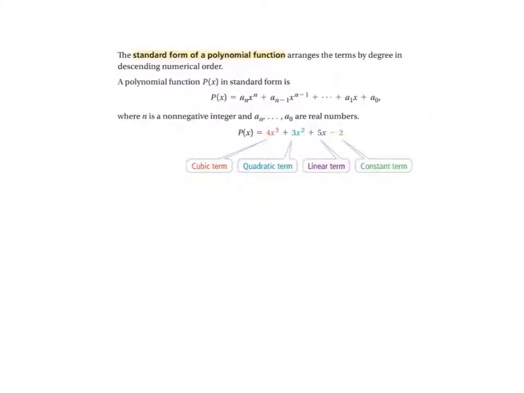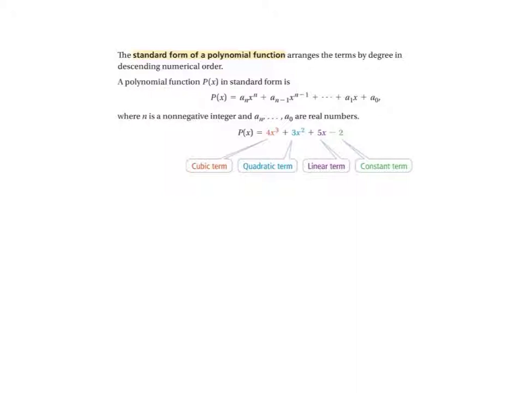When you want to put a polynomial in what's called standard form, you put the terms in order of descending numerical degree. So you would put your highest degree term down to your lowest. Don't be daunted by this strange looking expression with all those exponents. This is how we define polynomials in a real technical sense.